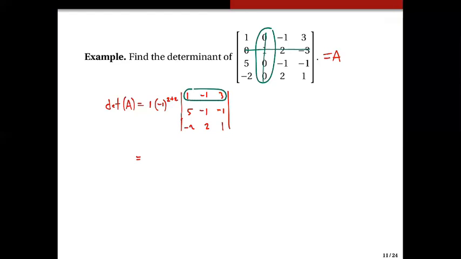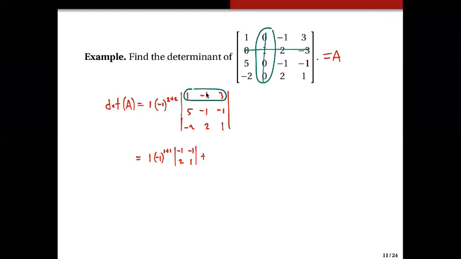And using that, we will have 1 times the 1, 1 entry times negative 1 raised to 1 plus 1 determinant. So we remove this row, we remove this column. We will have negative 1, negative 1, 2, 1 plus. Okay, plus.